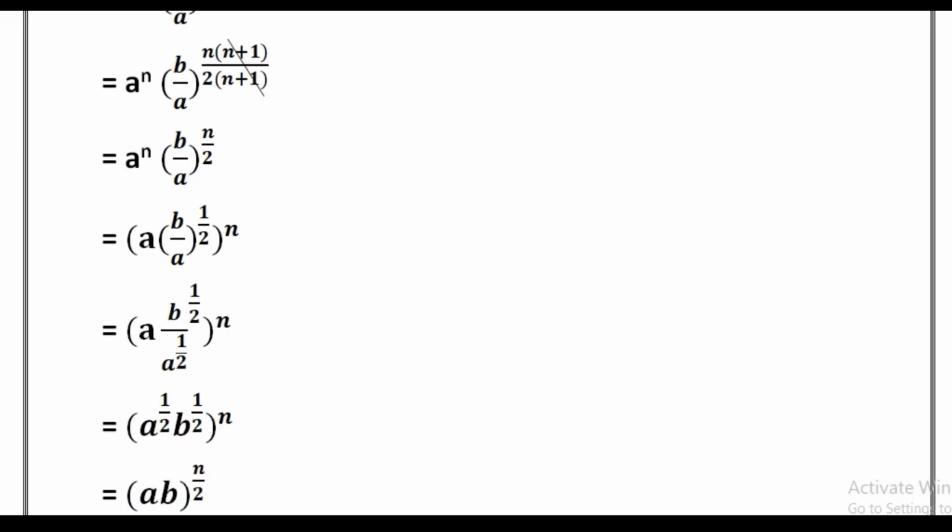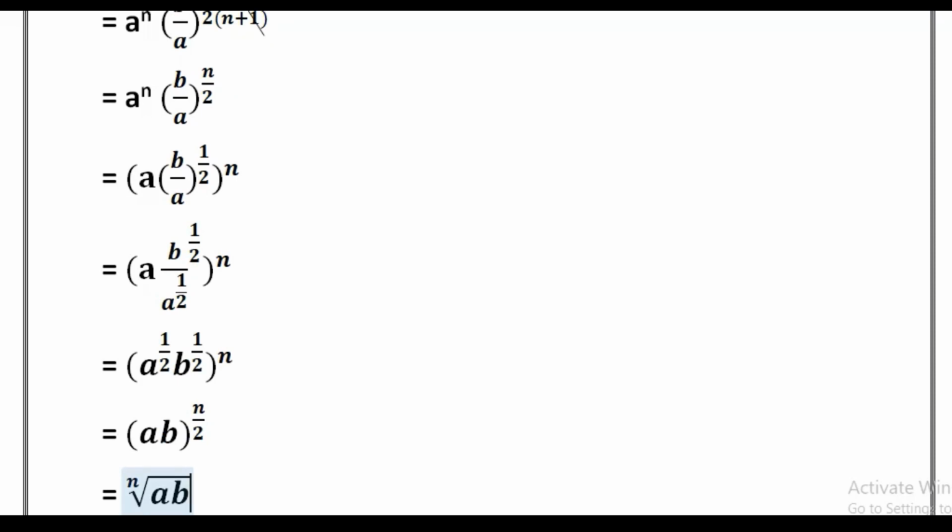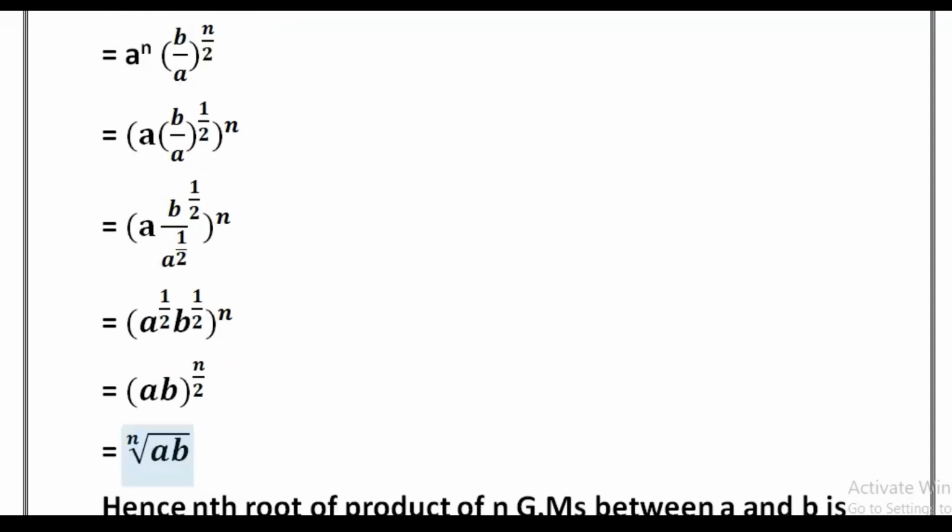So next, AB whole power n divided by 2 can also be written in this form. So 1 divided by 2, that is equal to the nth root of AB. Hence the nth root of the product of n geometric means between A and B is proved.